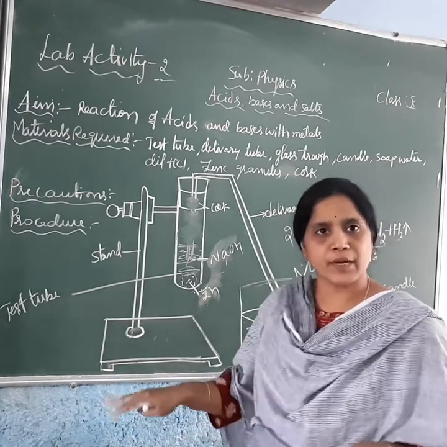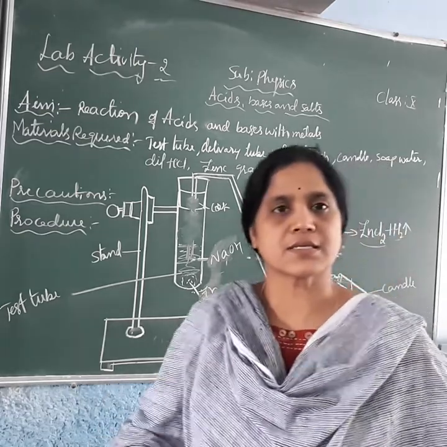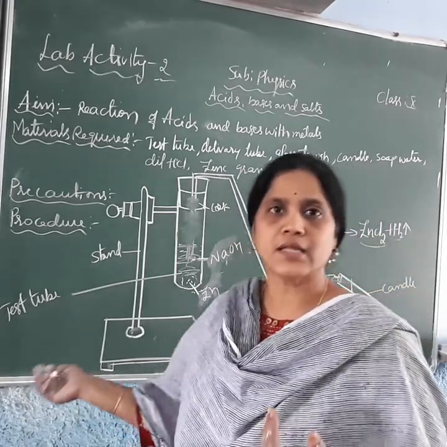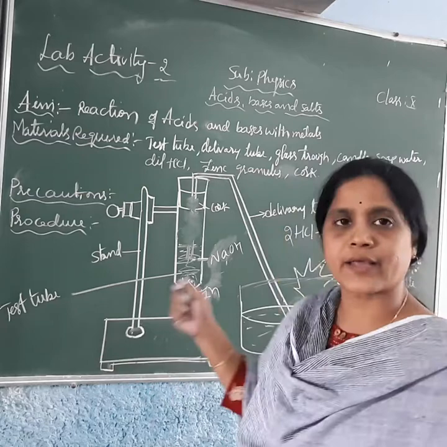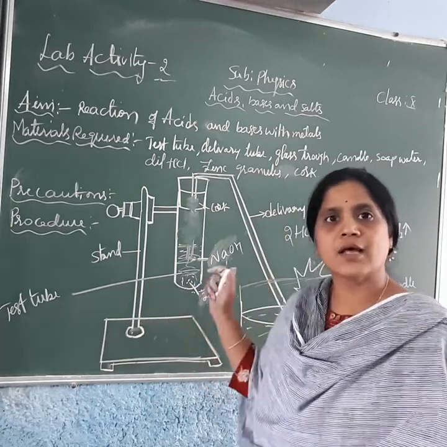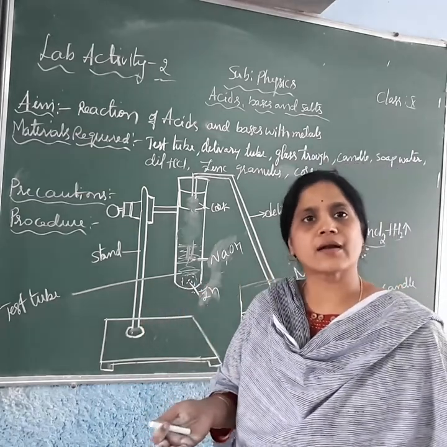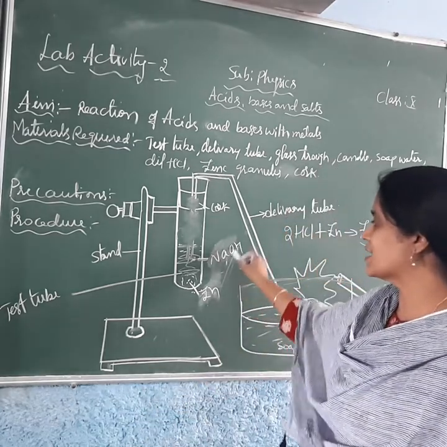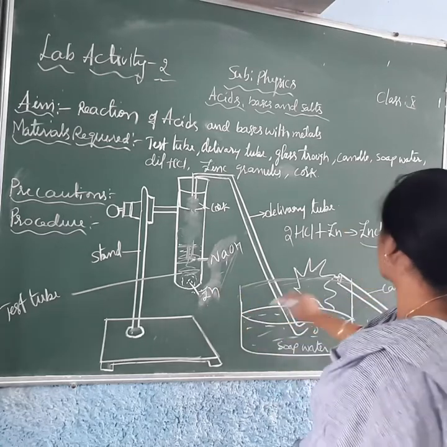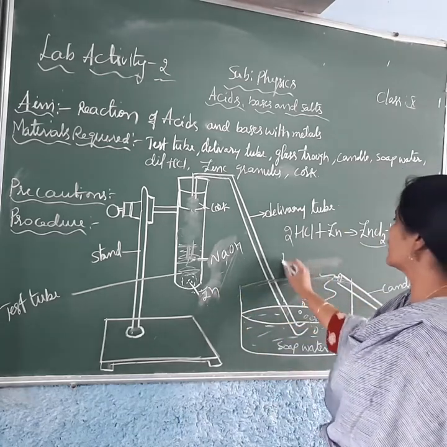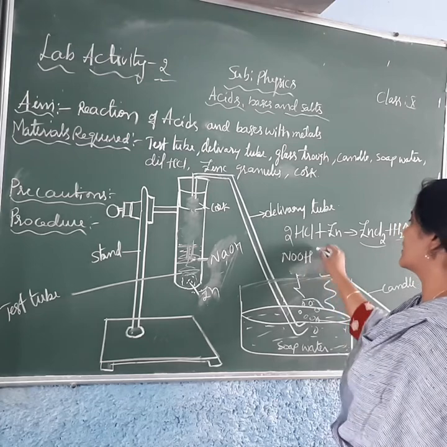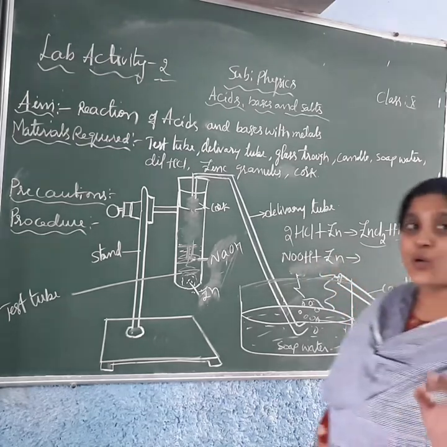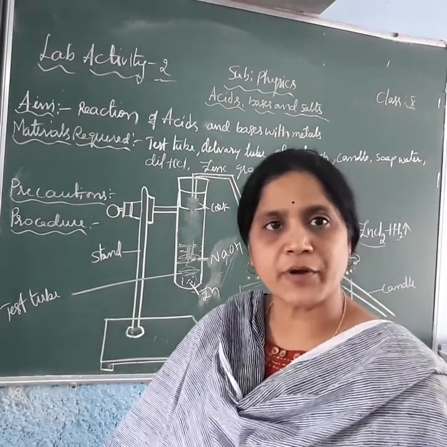So bases also react with metals and liberate hydrogen gas. But there is a limit for the bases. All the bases will not react with metals and liberate hydrogen gas. These reactions are limited. Only a few bases react. So we will write the reaction between the base and this metal. When you take sodium hydroxide and it reacts with zinc, it forms sodium zincate. What is the end product we get?